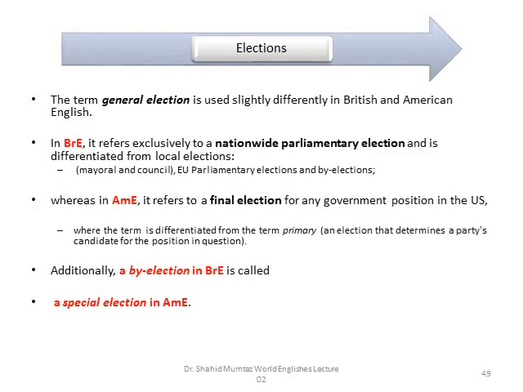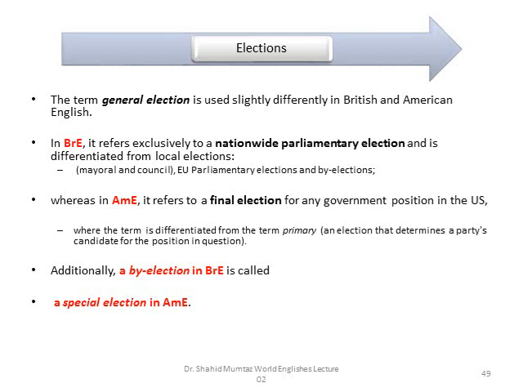Okay. The term general election is used slightly differently in British and American English. In British English, it refers exclusively to a nationwide parliamentary election and is differentiated from local elections, like mayoral and council, European Union parliamentary elections, and by-elections.